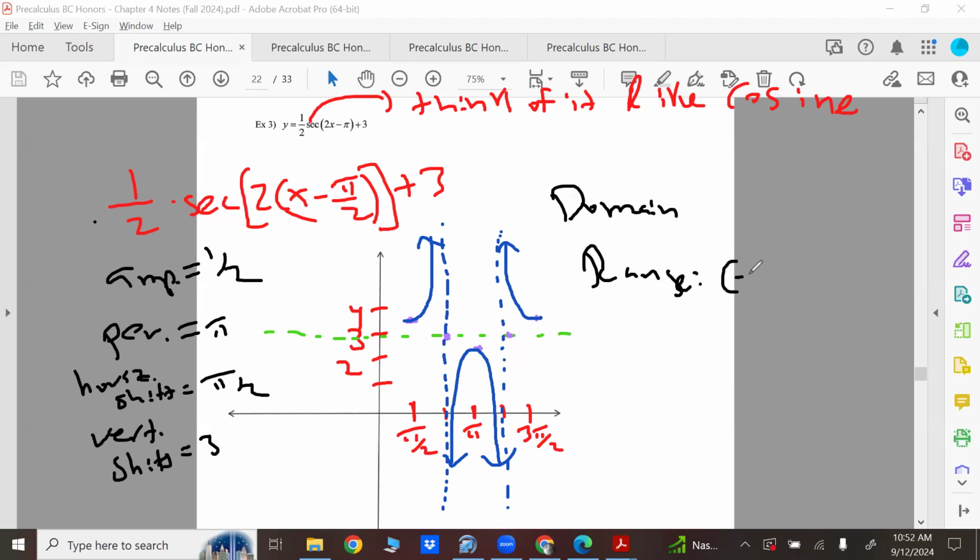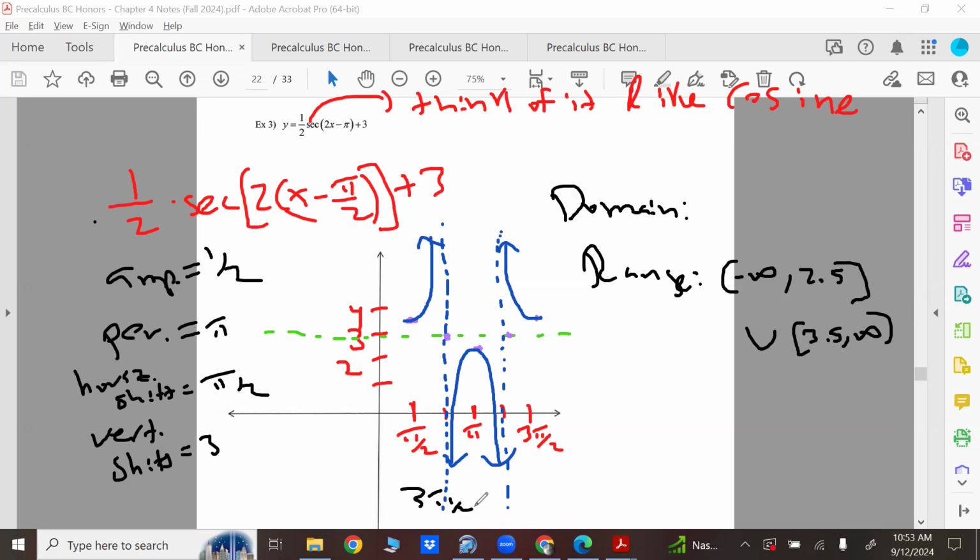Negative infinity to what? To 2.5. Union. From 3.5 to infinity. Domain, a little tricky. So 5 pi over 4 and 7 pi over 4. No. 3 pi over 4 and 7 pi over 4. My apologies.